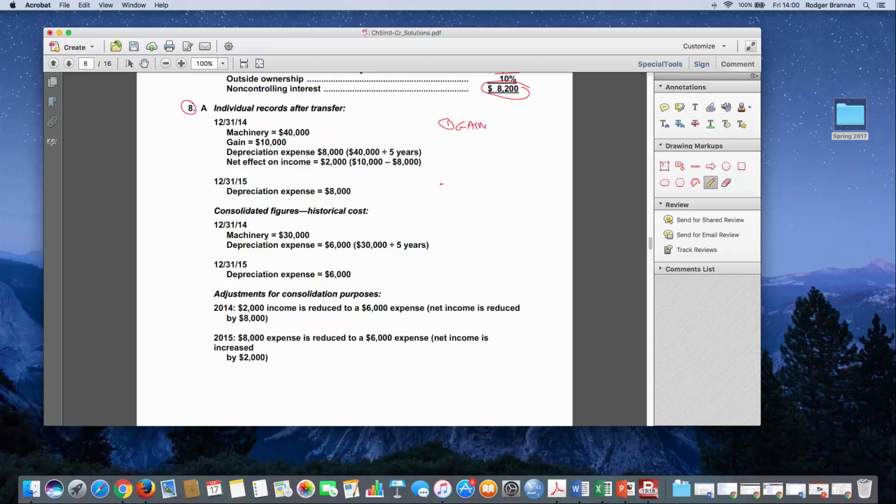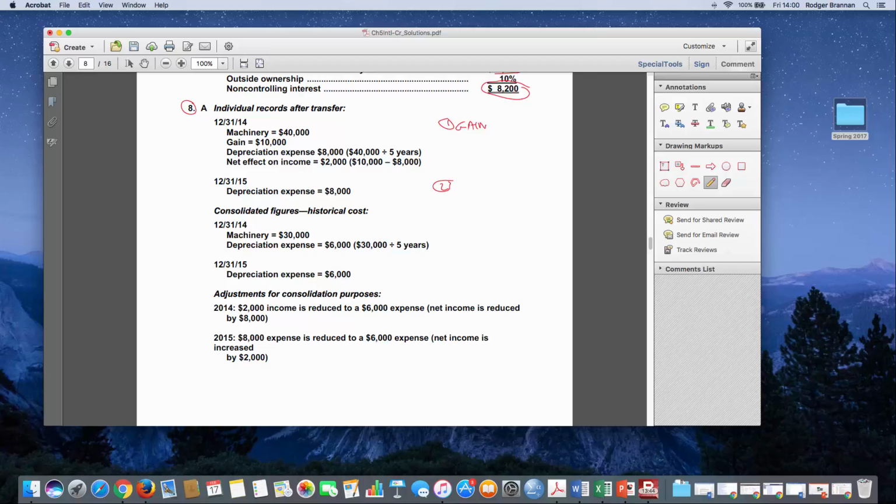The other adjustment that you need to make here is because the asset was sold at more than its book value, then the consolidated entity is going to be depreciating it over a greater cost figure. So that excess depreciation between what the subsidiary is depreciating it at versus what the parent would have depreciated at needs to be eliminated.